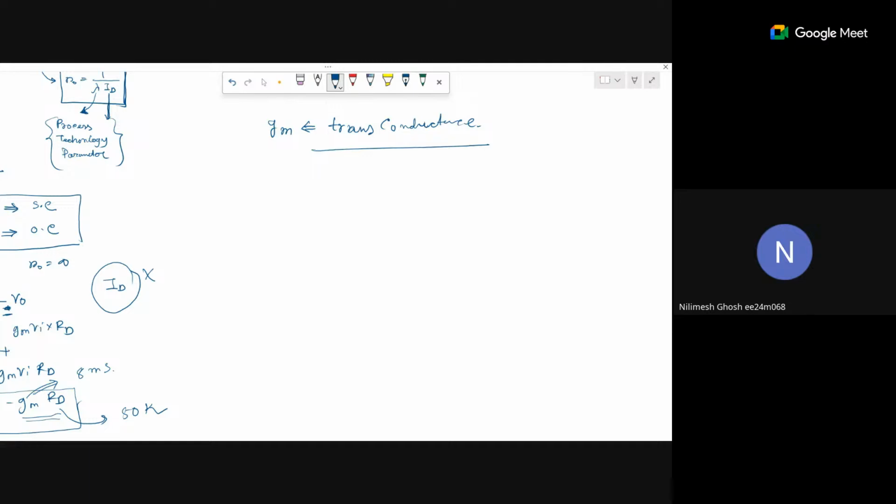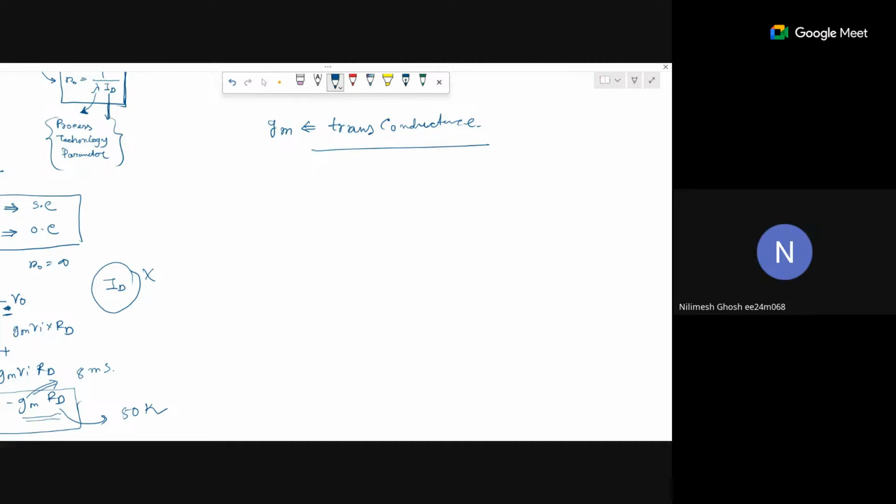So I am giving some input to the mic, and that mic is amplifying my voice, and that increased my sound, and we all can hear, right? So that is the work of a mic. We can assume that mic as an amplifier. The input is my voice, and the output is the sound you are getting. So gm is the effect of my input, my voice, on the output.